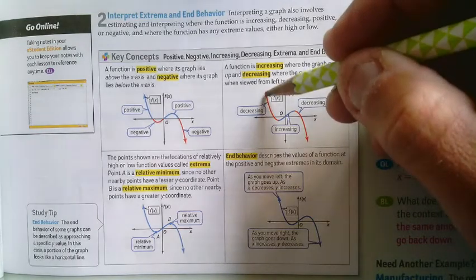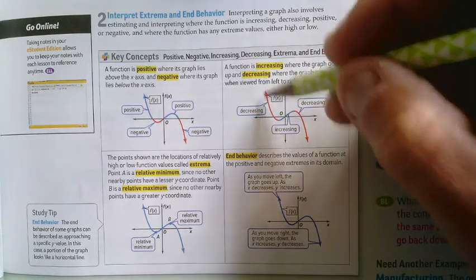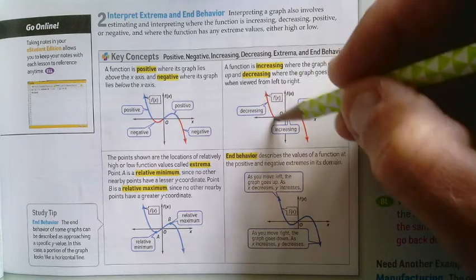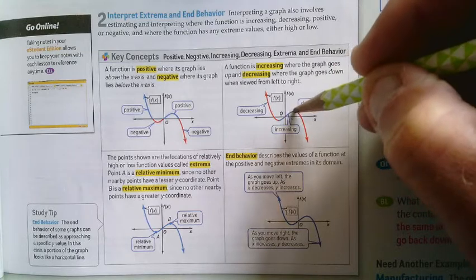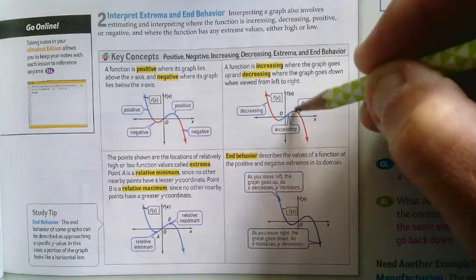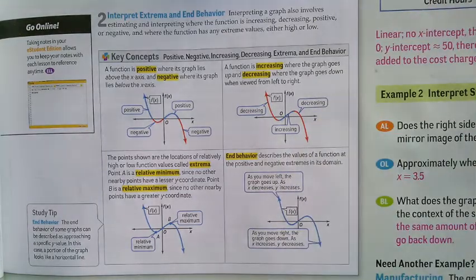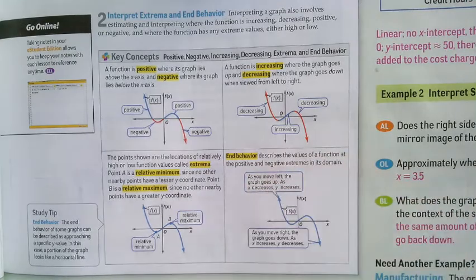When we go from left to right, this would be coming downward at this point, so that's why it's decreasing right here, okay? Once we get to a transition point, it starts to increase, reading from left to right again, and then we're going downward after that. So that's funny that I said it was the easiest of all, and then I made a mistake on it. My bad. All right. I'm not going to worry about end behavior, so you can ignore that right there.